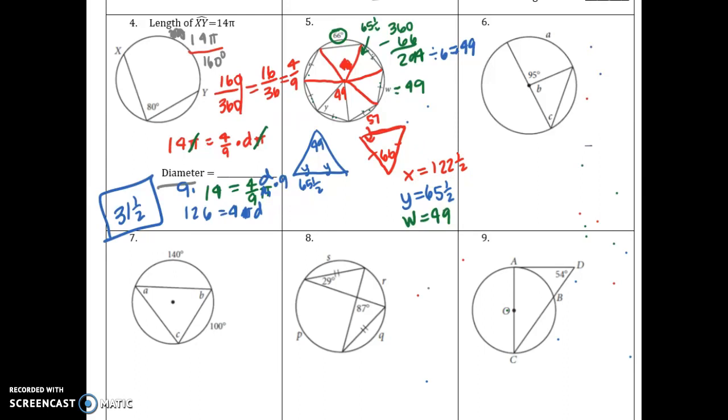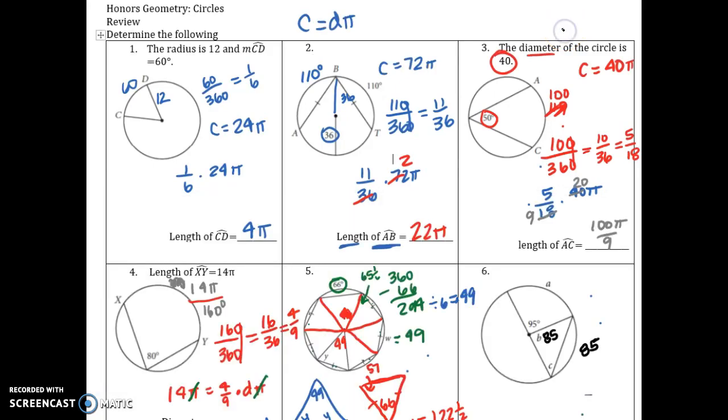Then this one, 90, we can know this guy's 95, so I can figure out that 85. And then if I'm thinking about central angles, this arc would also have to be 85. So then I could do 180 minus 85 to figure out arc A, which is also 95. Whoops.